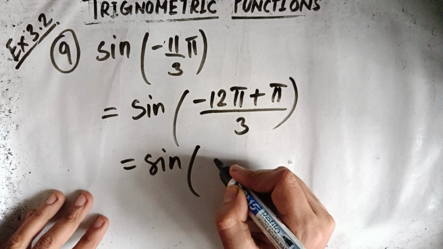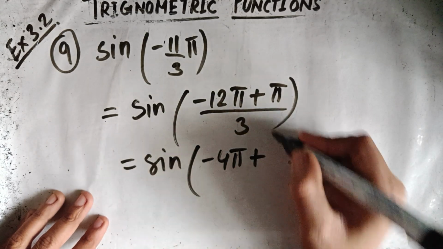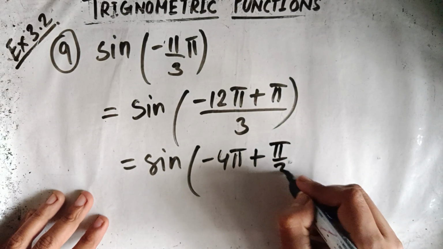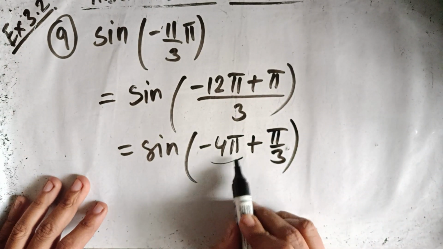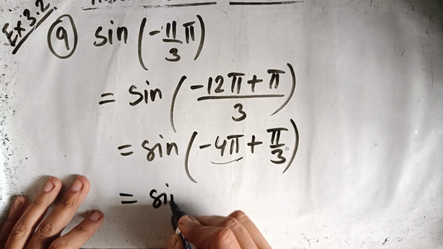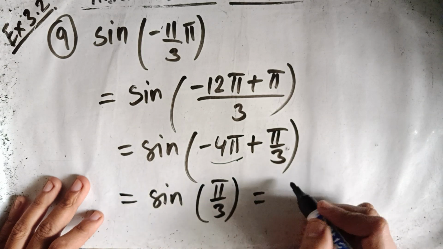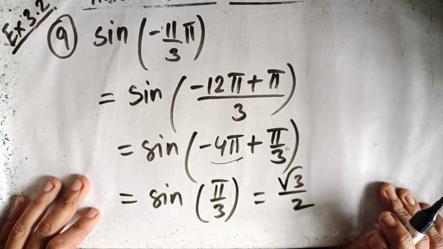So minus 12 pi by 3 is minus 4 pi plus pi by 3. Okay. So this is nothing but 0 again. So we can take sine of pi by 3. Sine of pi by 3 is root 3 by 2. Okay.